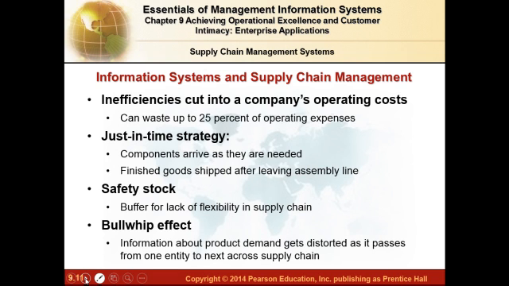So if the company has the information system, actually they can gain the competitive advantage. Now we look at the relationship between the information system that the organization already has and supply chain management.